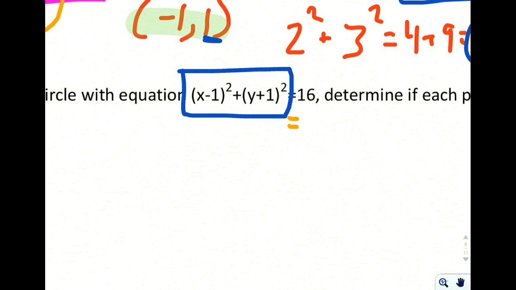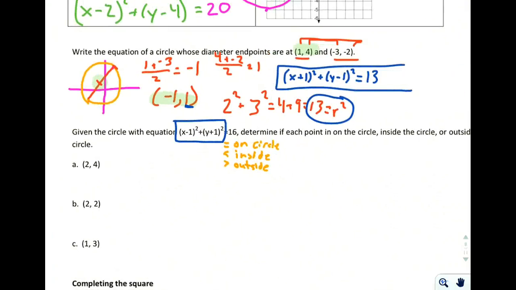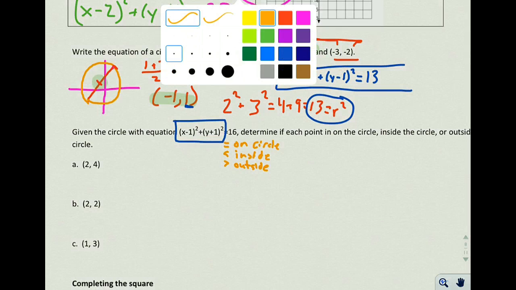So equals is on the circle. If you found something that's less than that, then you're finding something on a smaller circle, which means it is inside the original circle. And if it's greater than, just the opposite, it falls on a bigger circle, which means it must be outside of this circle. So we'll use that right here and plug in our values.